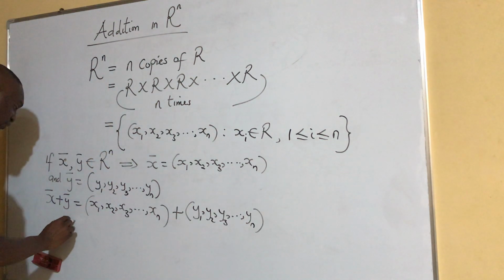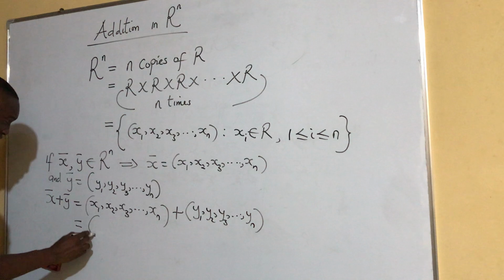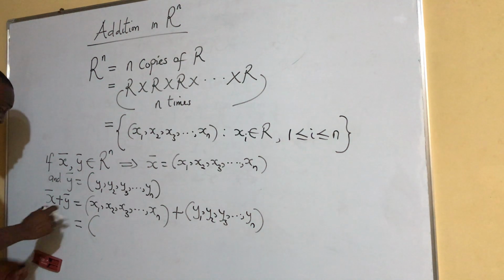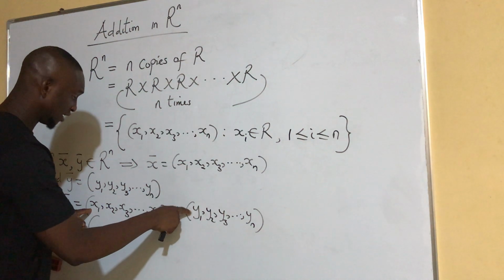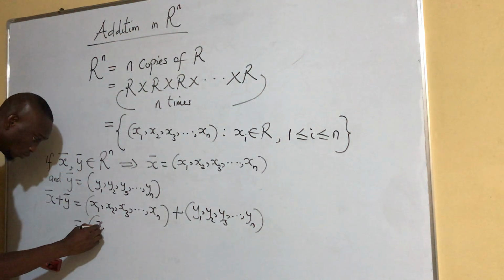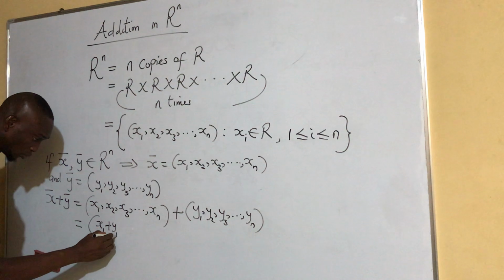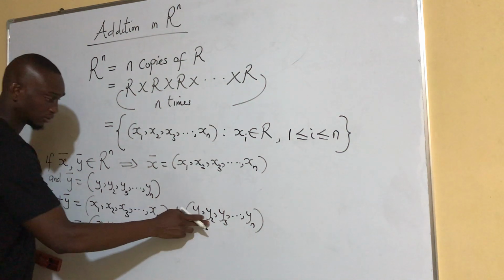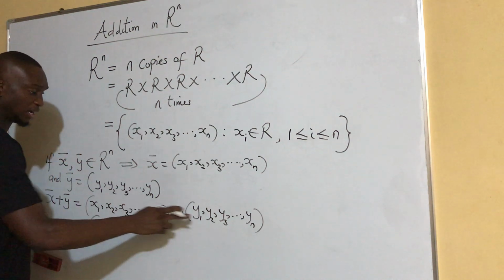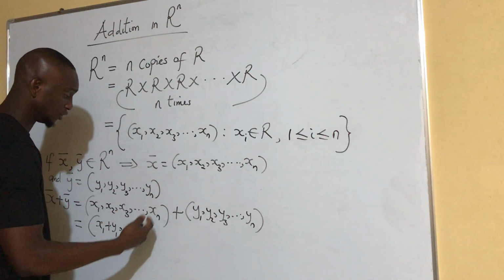We have the resultant effect to be x1 plus y1, then we bring down our comma. The second element we add to the second element, the third we add to the third. That is how it moves.